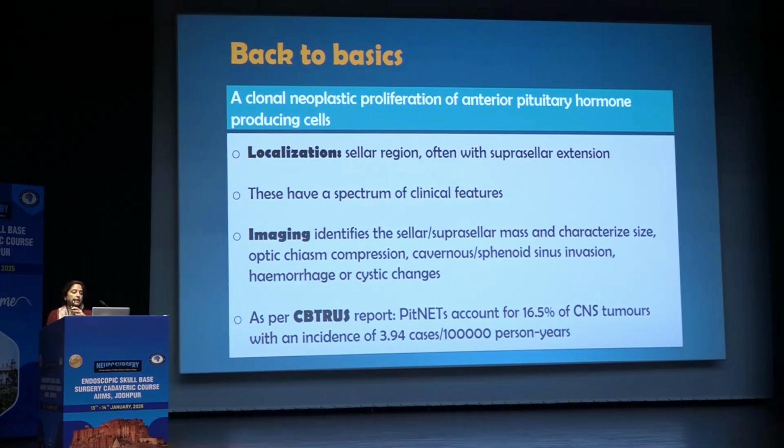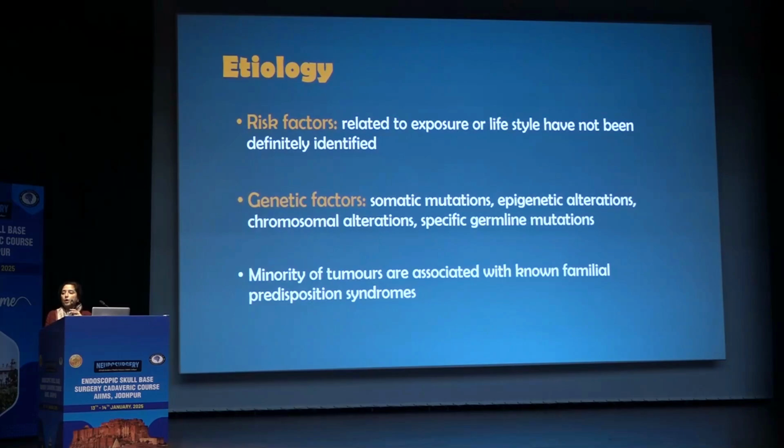It goes without saying that with imaging we identify the sellar suprasellar mass. We can characterize its size, optic chiasma compression, cavernous or sphenoid sinus invasion, and hemorrhage or cystic changes, if any. According to the recent report of the Central Brain Tumor Registry of the US, PitNETs account for around 16.5% of CNS tumors.